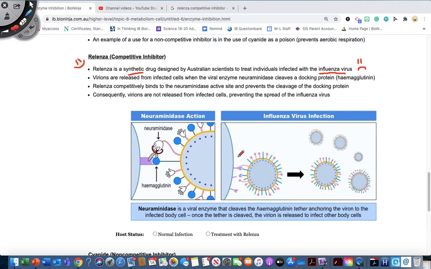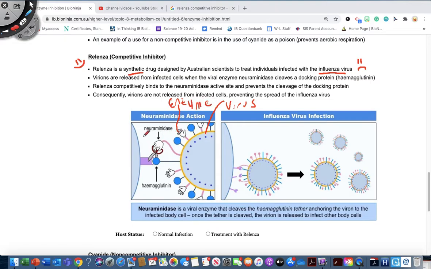First, let's try to understand this diagram here. Here we have a virus, and this is the influenza virus right here. So I'm going to label that first. And within that virus, we have many different things. One of the things that we have, these little hands, is an enzyme.